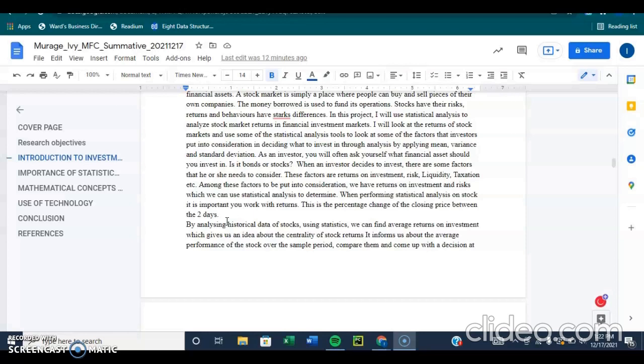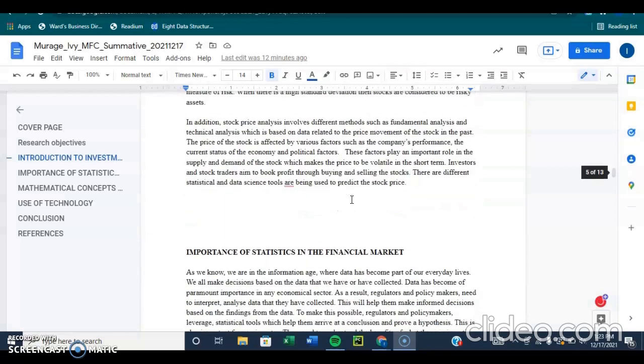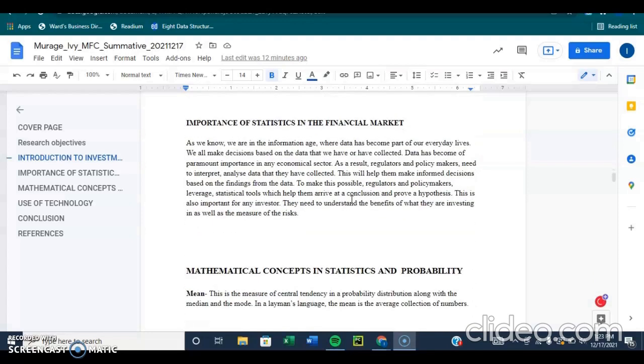Another one is the risk, because in every financial asset or investment, there is always risk. We also look at liquidity, taxation, and others. Among these, I'm going to look at returns on investment and risk, and how statistical analysis is used to determine them. First of all, we need to understand the importance of statistics in the financial market.